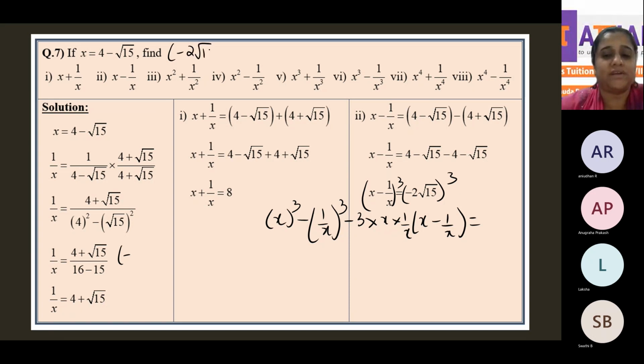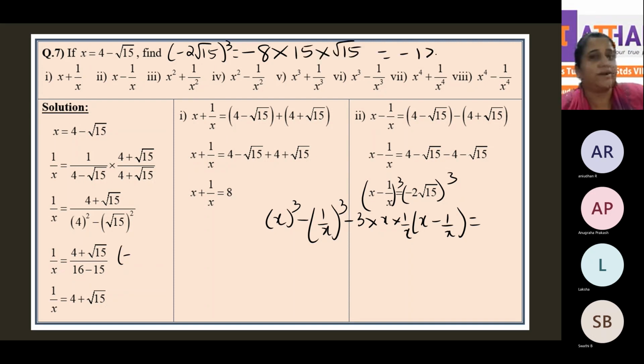Minus multiplied with itself 3 times is negative. 2 into 2 into 2 is 8. Root 15 into root 15 is 15, and another root 15. So she was right. Minus 120 root 15.